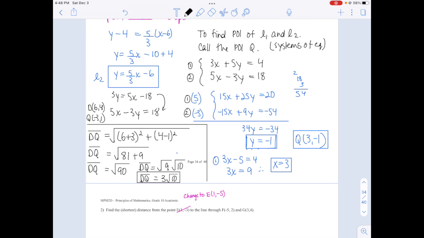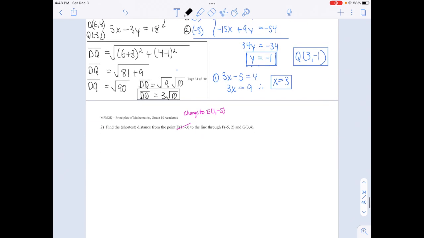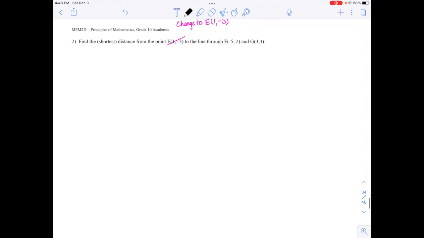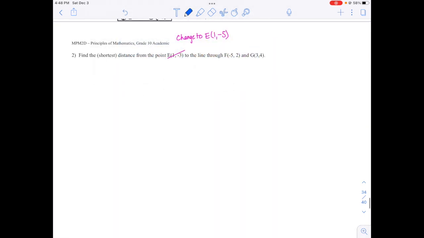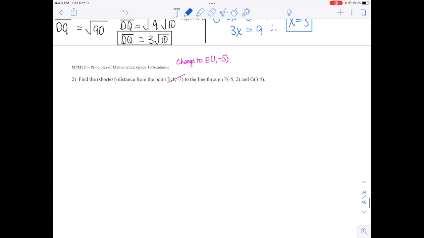Okay, let's do one more example together, and this time let's not use a graph. This one actually involves an extra step, and let's change this from E1 negative 3 to E1 negative 5. It makes the numbers a bit nicer.